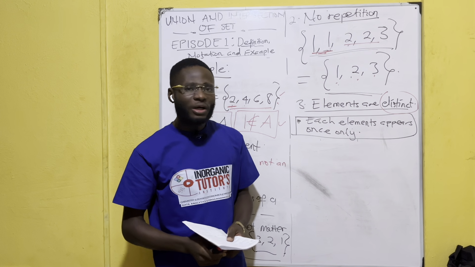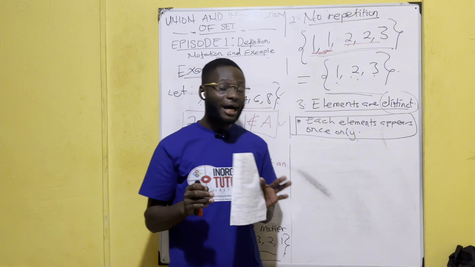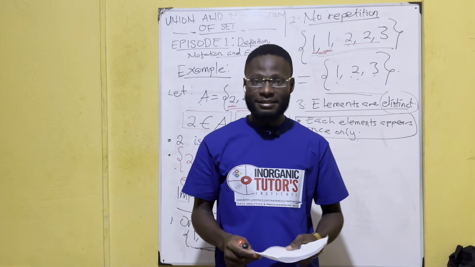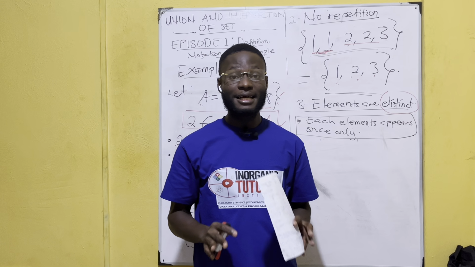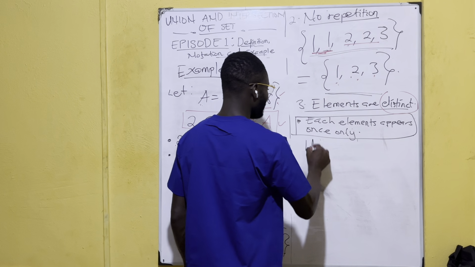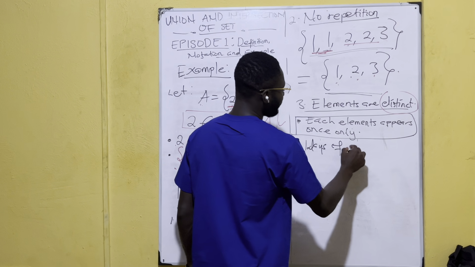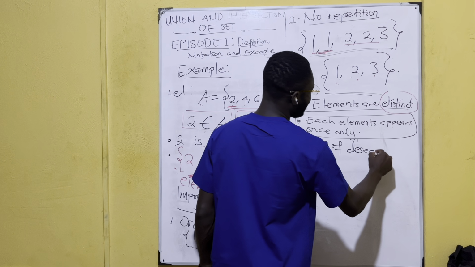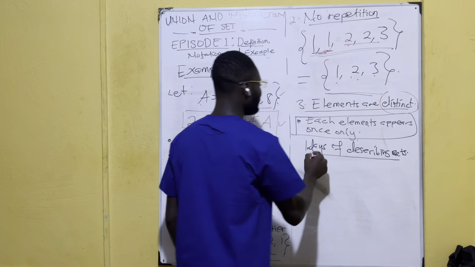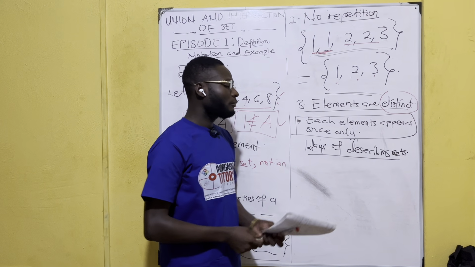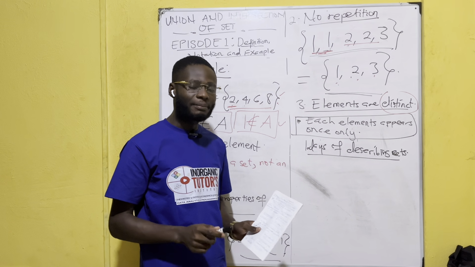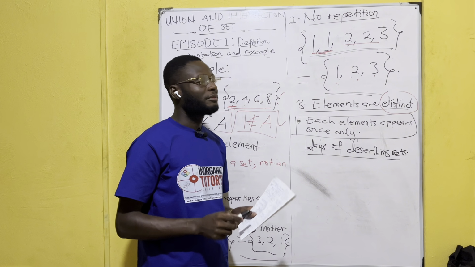Now, what is next? We are going to look at ways of describing sets. So we are going to look at a few ways that we can use to describe a set.